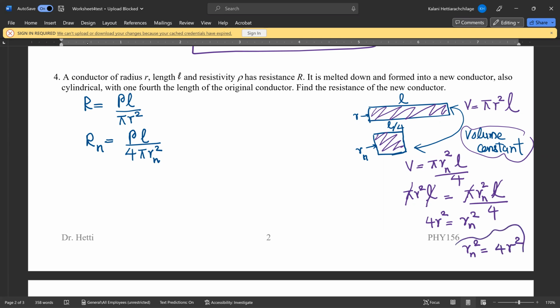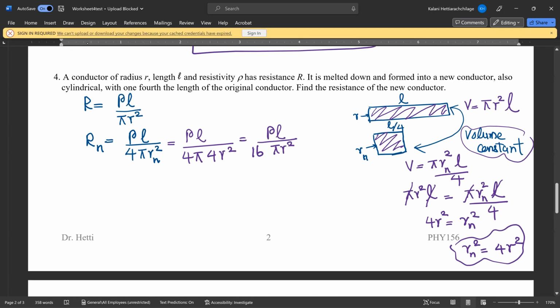After you find this, you go back to the resistance formula and rewrite it. Let's rewrite rho L over 4 and pi. R new squared is now 4 R squared, right? This you can simplify: rho L over pi R squared, but you have 16 in the denominator.